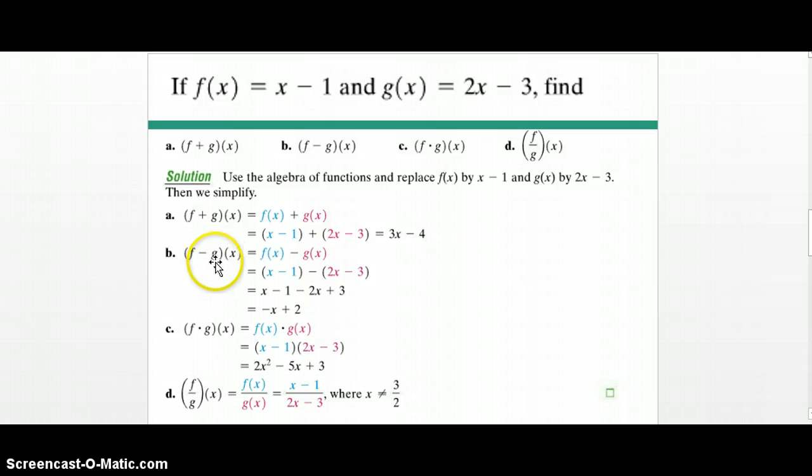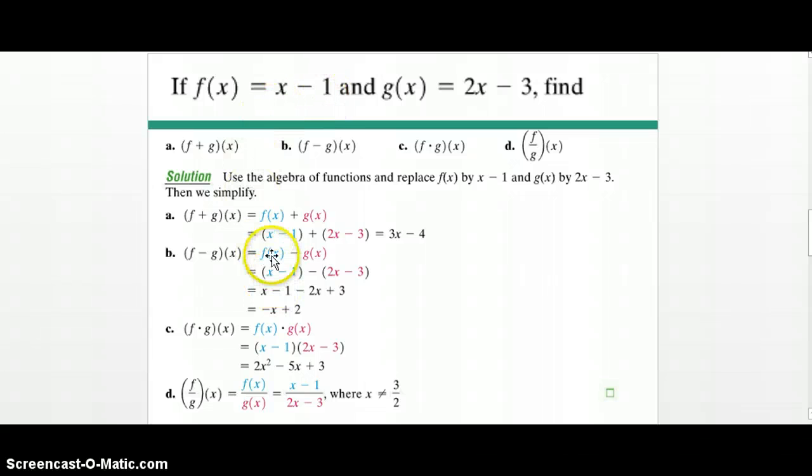f minus g of x: f of x minus g of x. f of x is x minus 1.